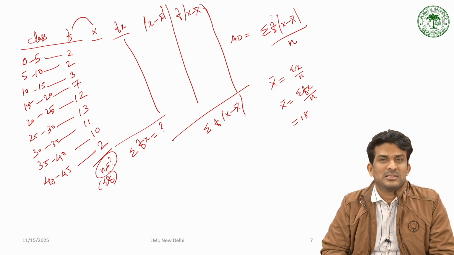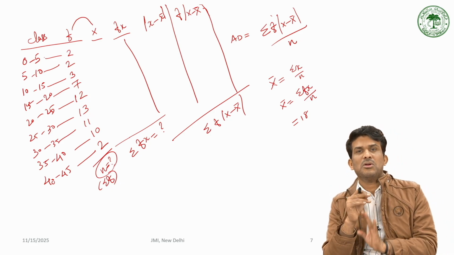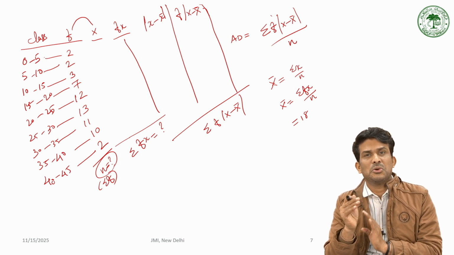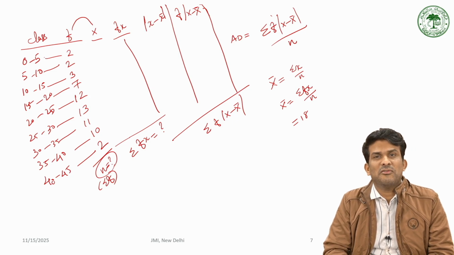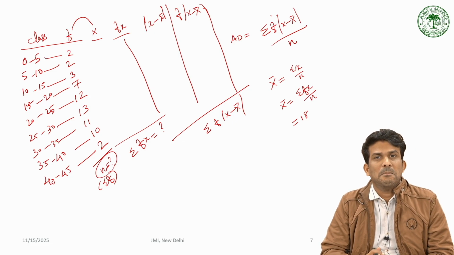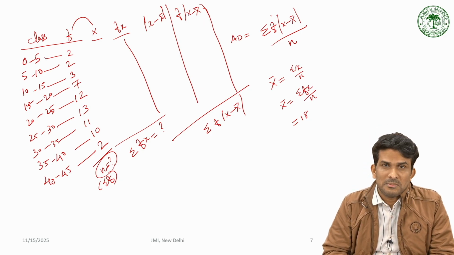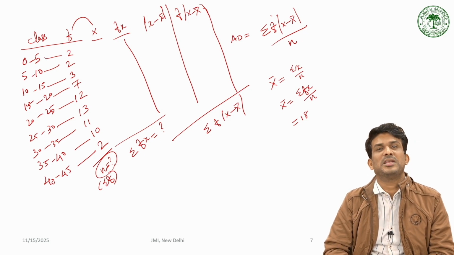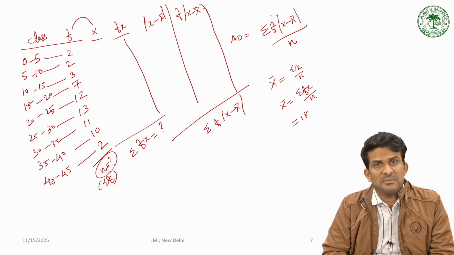For raw data and for a frequency distribution, the calculations are totally different. When you go for the difference between the mean and the respective values, it will be very comfortable. Take it all together, that is sigma of difference between x and x bar, divided by the total number of observations.